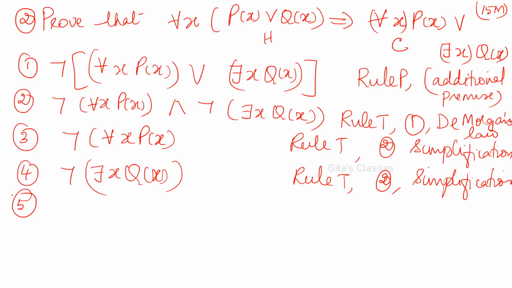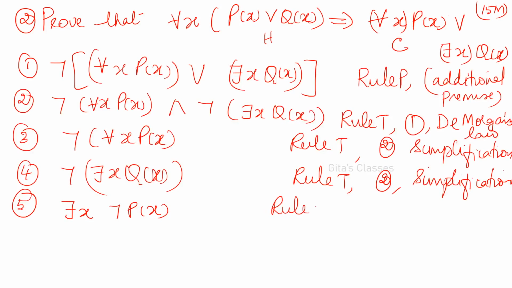Okay. Then next is there exists x. Now in step number 3 you apply this negation, that is, for all will become there exists x, not of P of x, right?